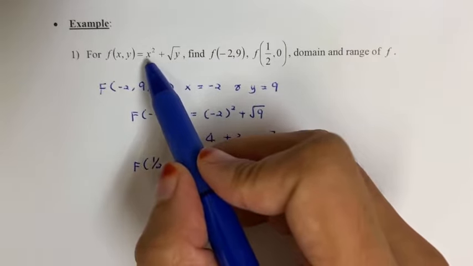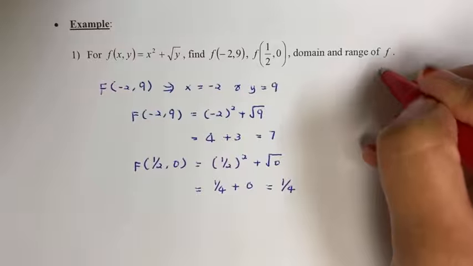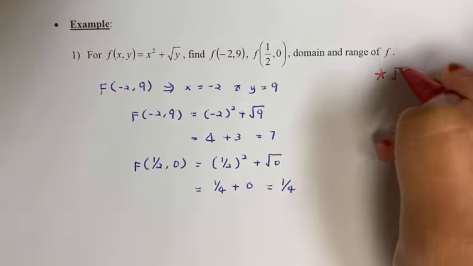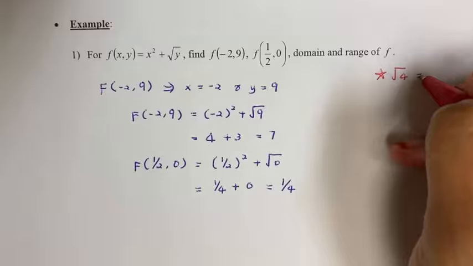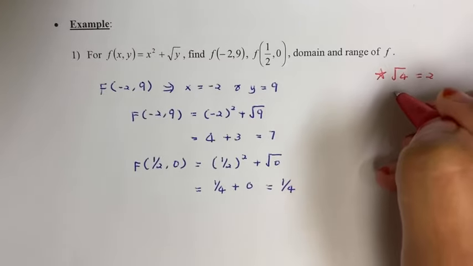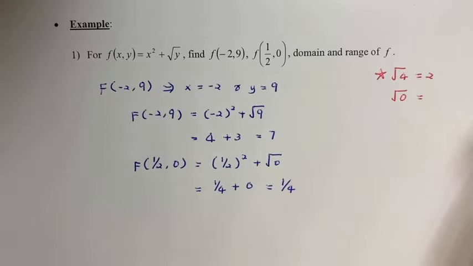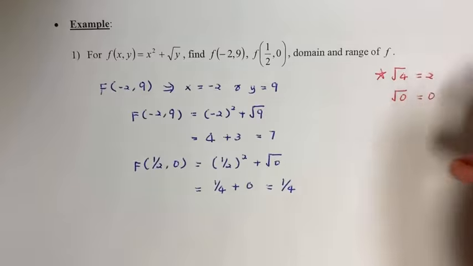For x², we don't have any restriction. But for √y, for example, √4 is equal to 2. What if I have to find √0? √0 is equal to 0.